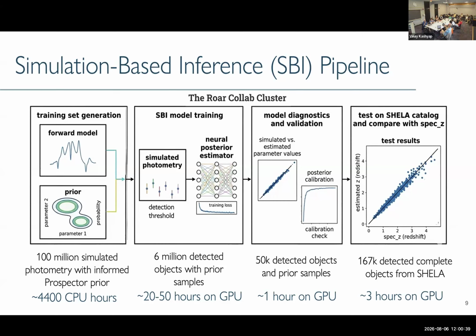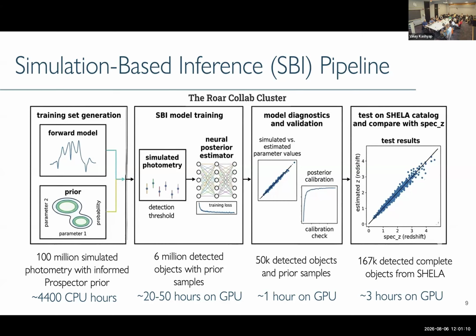Then we do model diagnostics and validation on the testing set, and also on the spectroscopic redshifts we reserved from HETDEX. The main diagnostics are SBC, and SBC for marginal distributions as well. We have done a KS test, coverage checks, all of that. We do this for about 50K objects, and this takes an hour on GPU.